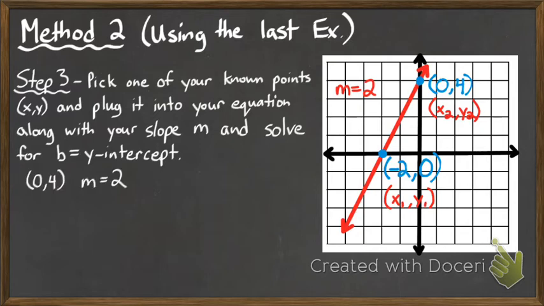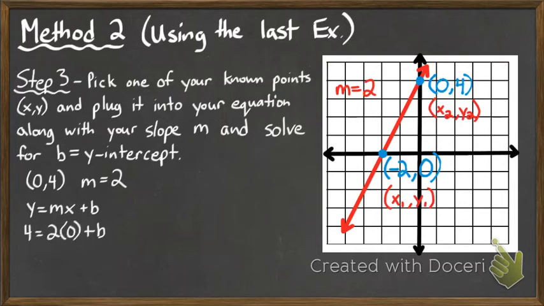We're going to pick the point (0, 4), which is our y-intercept, and we know m equals 2, which is our slope. Given our general equation y equals mx plus b, we plug in all of these values. Wherever you see an x, you plug in a 0. Wherever you see a y, you plug in a 4. And m is 2. We're going to solve for b.